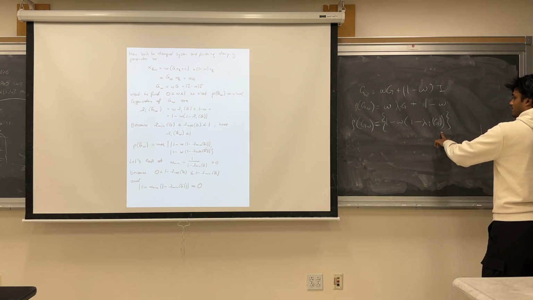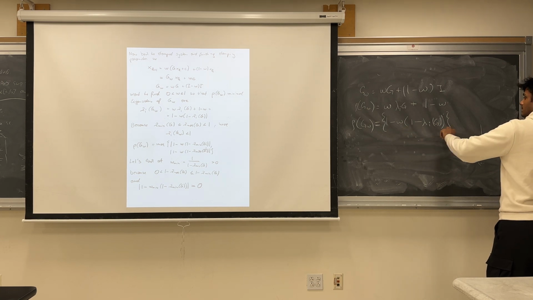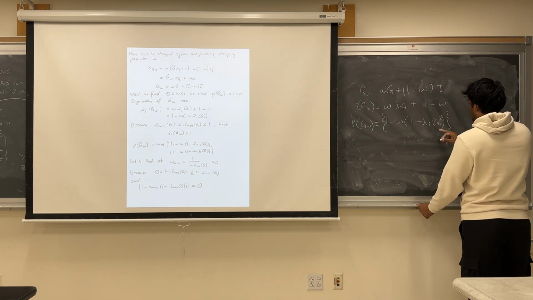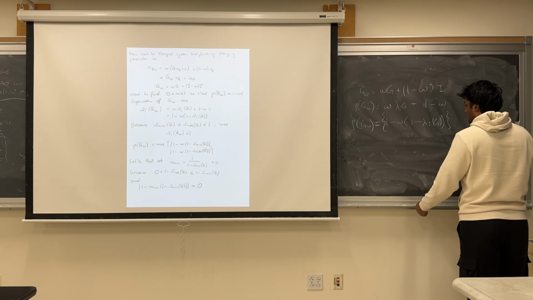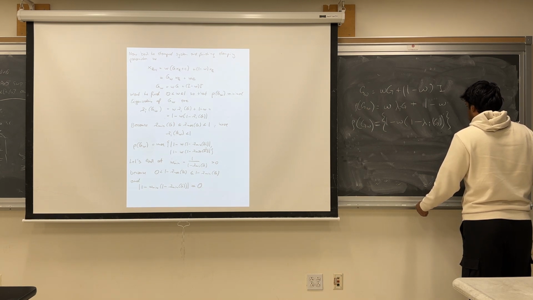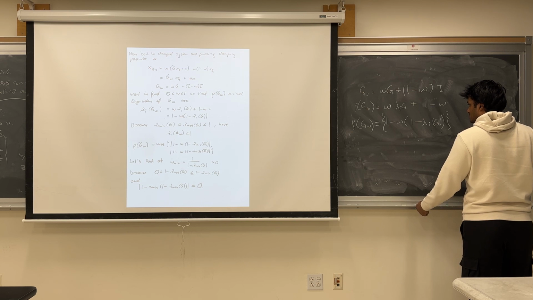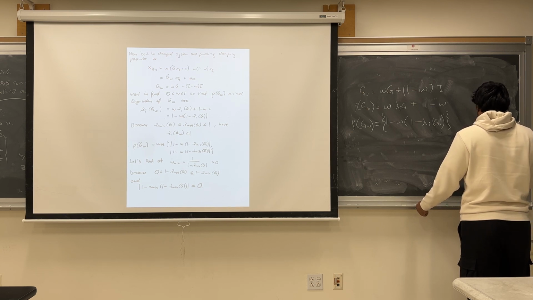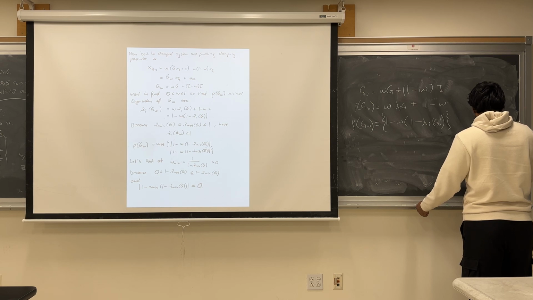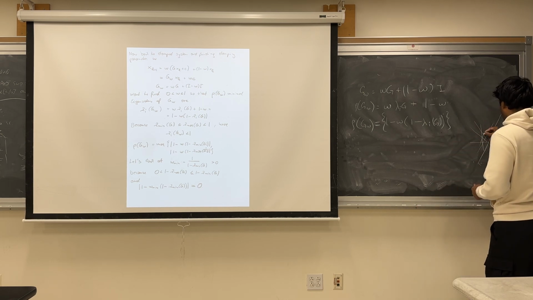I'm going to fix omega and plot in terms of the eigenvalues of G, using this as my x-axis. 1 minus x is something like this. Omega times that is something like this. Flip that, and add 1 to it, so it's something like here.